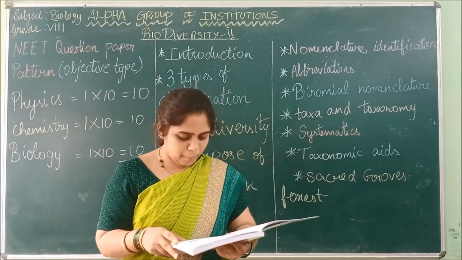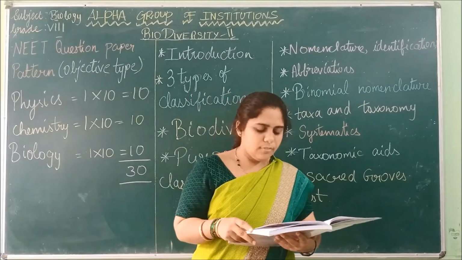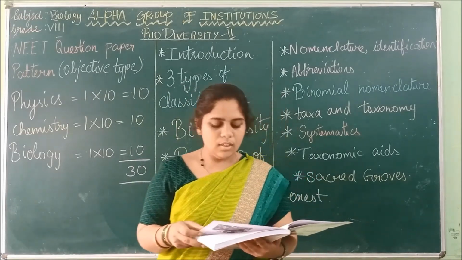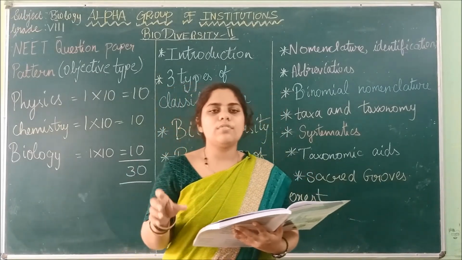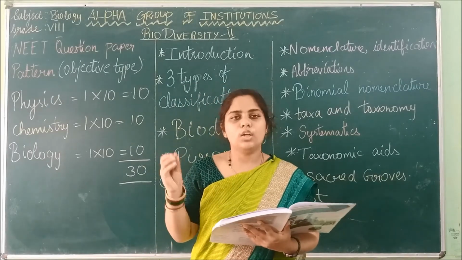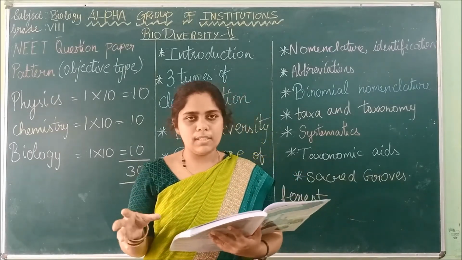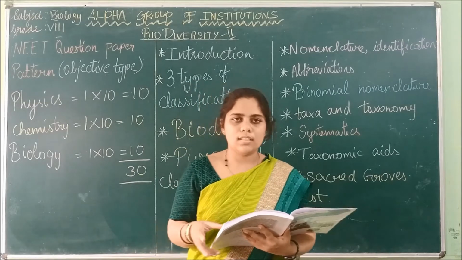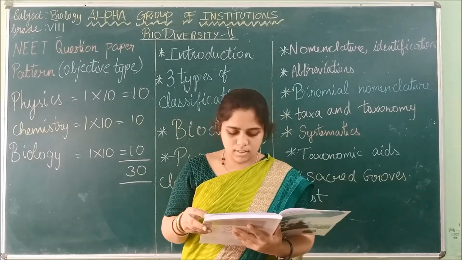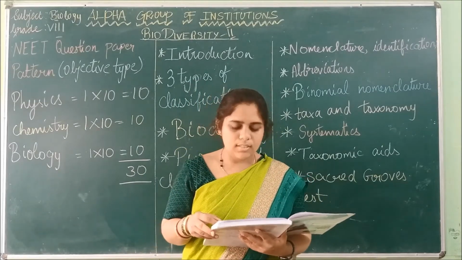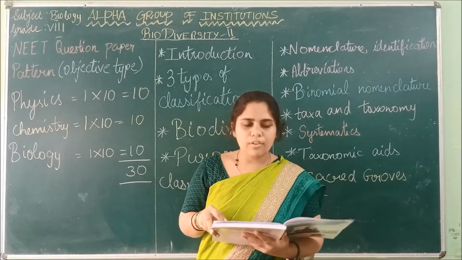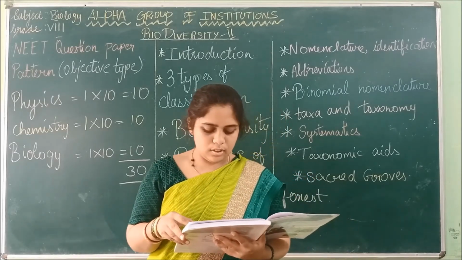And next is under page 3, the phylogenetic classification. In phylogenetic classification, the lower organisms are called primitive and the higher organisms are called advanced. So that also you should know. It is given in block letters in phylogenetic classification, the 4th line.